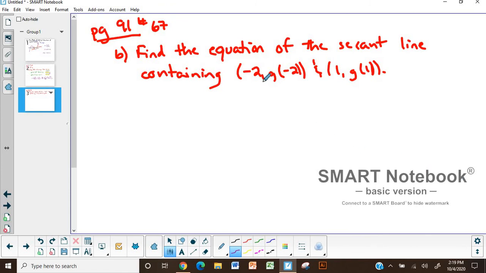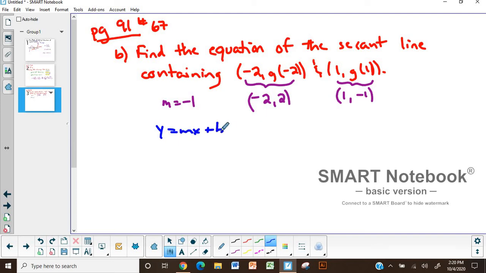So if we remember, this point right here was (negative 2, positive 2), and this point right here was (1, negative 1), and also our slope m was negative 1. So I'm going to use slope-intercept form, y equals mx plus b, to find the equation of the secant line containing these 2 points here.